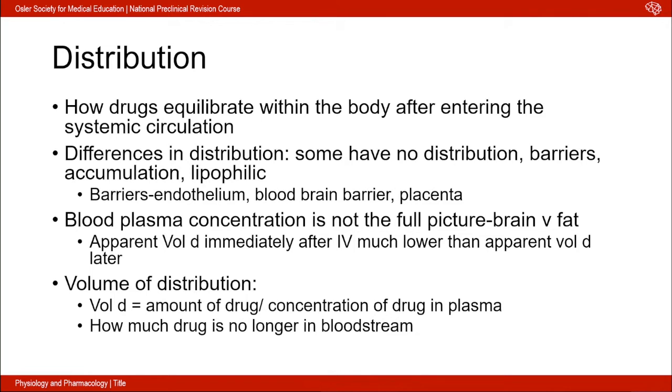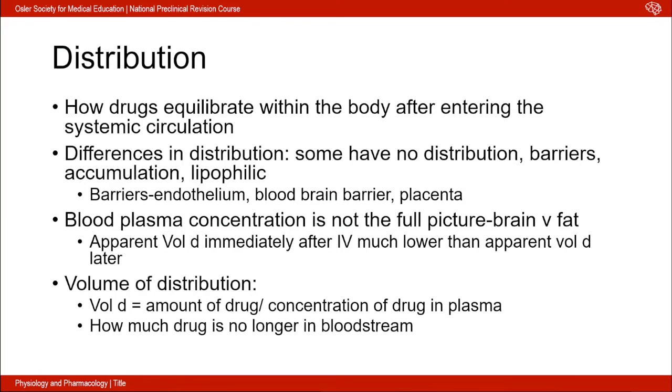So heparin, as you mentioned, has a volume of distribution which is very similar to the plasma volume, which often is because it's largely restricted to the plasma compartment. As we mentioned, it can't cross the endothelium, whereas ethanol has a volume of distribution which is very similar to the total body water. And this is because it spreads throughout the body compartments, and it can bind to tissue, plasma and protein, and things like that.